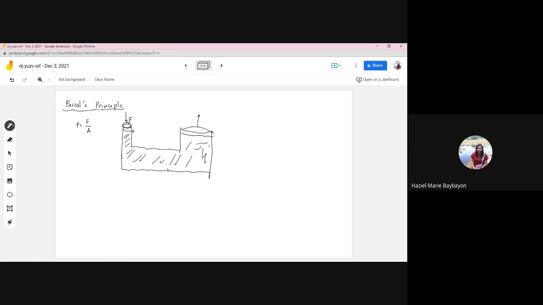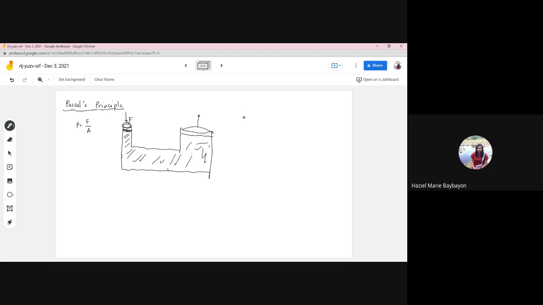According to Pascal's principle, the pressure that is experienced by the fluid here will be transmitted undiminished. Meaning to say, the pressure here is equal to the pressure at any part of it.